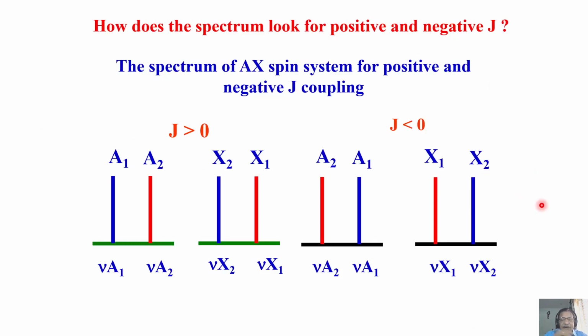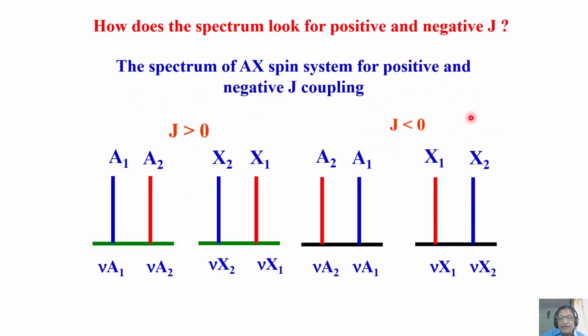Except for the coloring I added to make you understand, you will not find any difference, because in the real spectrum, when you record a 1D spectrum, there is no coloring of the transitions. Just to make you understand, I gave one transition of A and one transition of X a different color for J greater than 0.